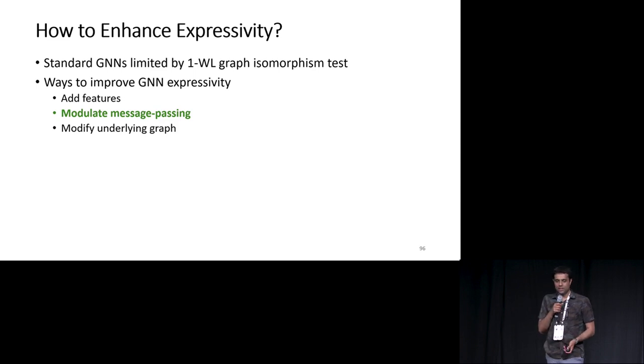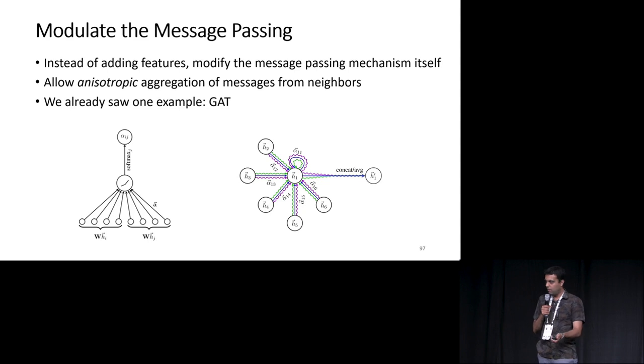The second approach is to modulate the message passing mechanism. Okay, so what do I mean by this? Well, we already saw one example of this. This was graph attention networks, or GAT, where we allowed some non-uniform or anisotropic aggregation of messages by weighting the neighbors differently.